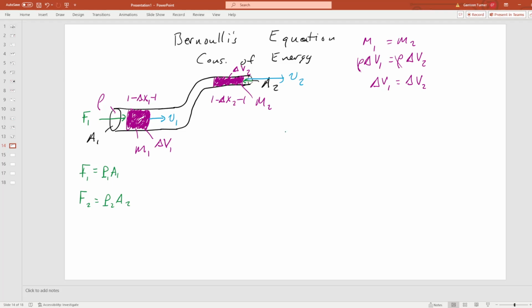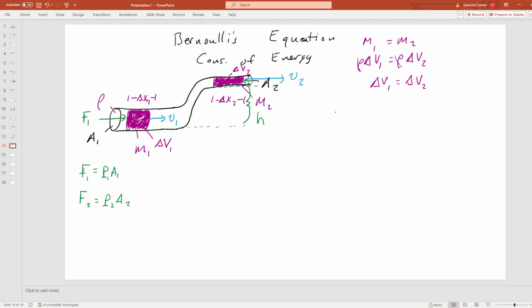So, also, we have lifted this mass by some height h. So we've lifted the mass from here up to here. So let me actually draw that just a little bit better. So this height right here is h. Now, the entire idea behind Bernoulli's equation is doing work calculations.